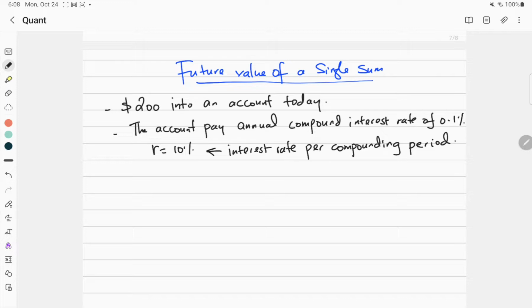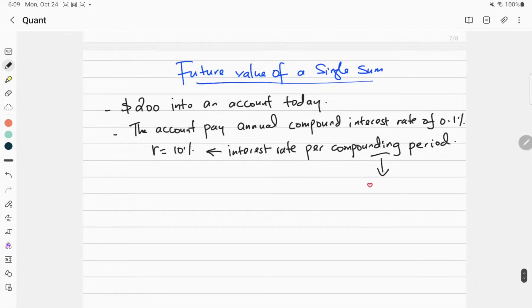A compounding period is how frequently interest is applied on the amount that you have in your account. For this particular case, our compounding period is yearly, which is the same as annually.